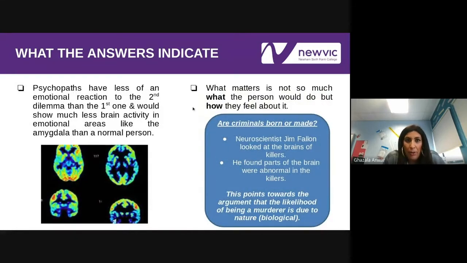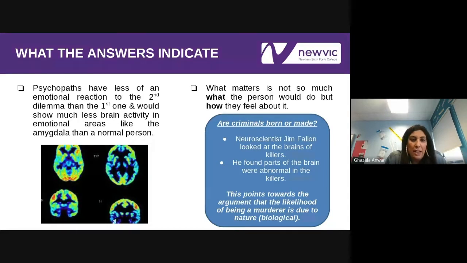Okay, so what we know about psychopaths is that, interestingly, they've got less brain activity in emotional areas of the brain in comparison to a normal person. When I say normal, I just mean a person that doesn't have these psychopathic tendencies.